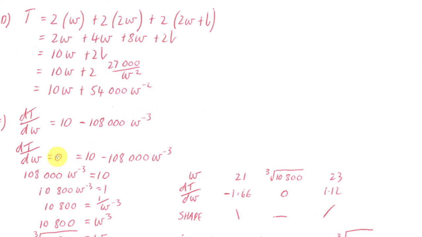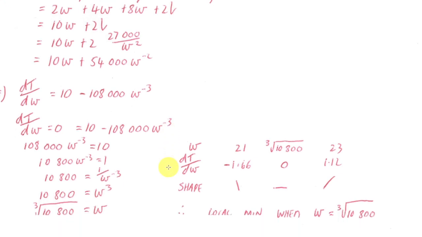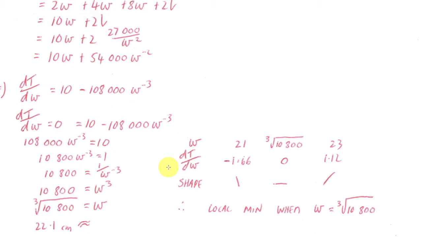I make the derivative equal to 0, and now I look at solving for W. You can just do that on your CAS at that stage. Here I've shown all of the steps through it. And we end up with W equal to the 3rd root of 10,800, which is approximately equal to 22.1 centimeters.